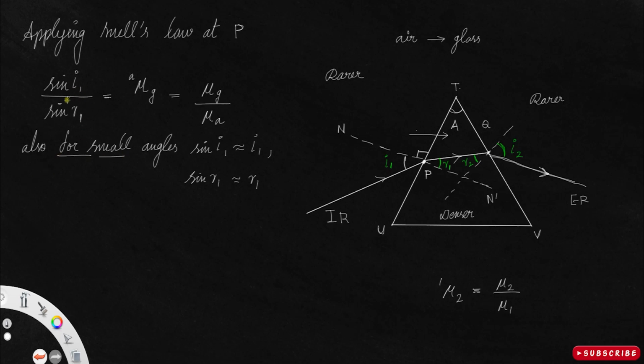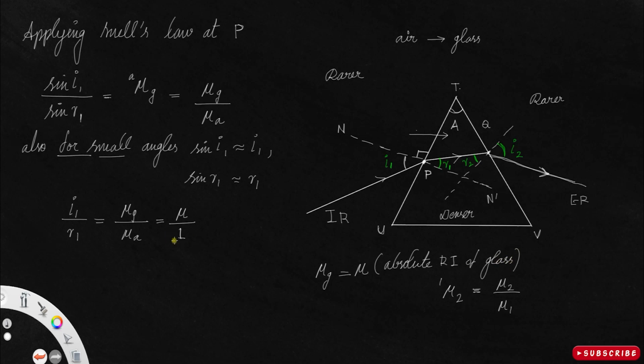So I can rewrite this equation as, instead of sine I1 by sine R1, I1 by R1 is equal to mu of glass with respect to mu of air. Now we can take the refractive index of glass as mu itself, which is the absolute refractive index of glass.